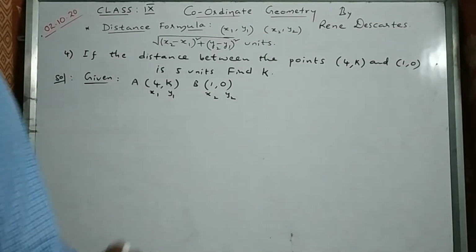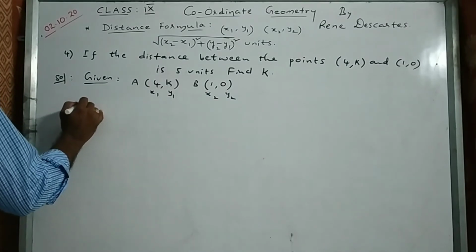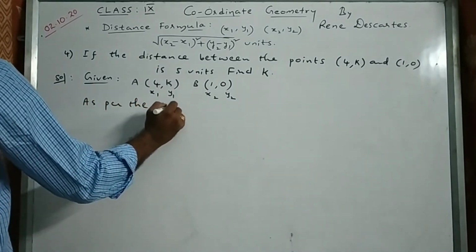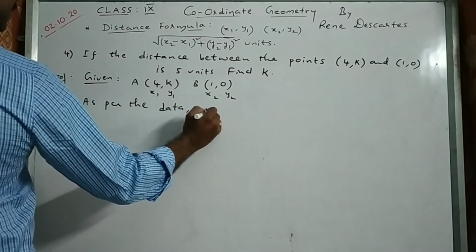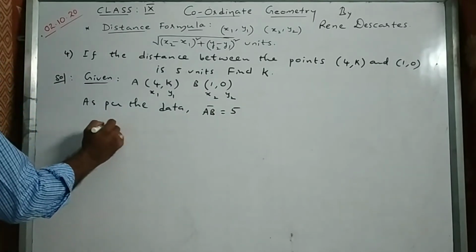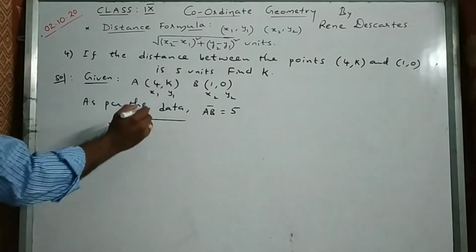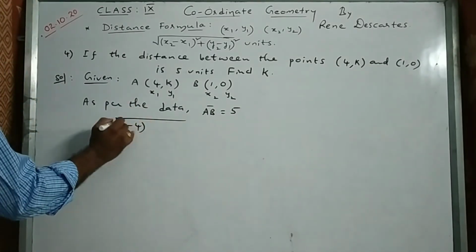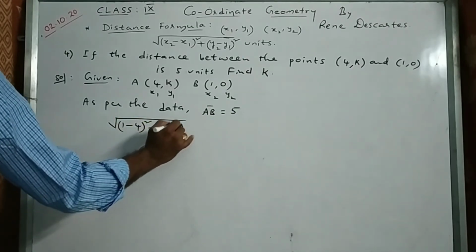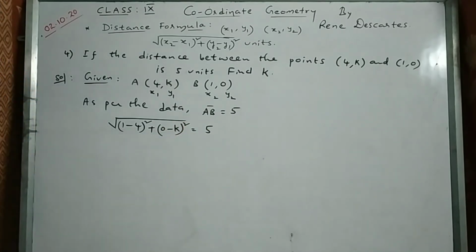Okay, and as per the data what is given here: distance between A and B is given as 5 units. So I can write square root of x2 minus x1 whole square plus y2 minus y1 whole square equal to 5.